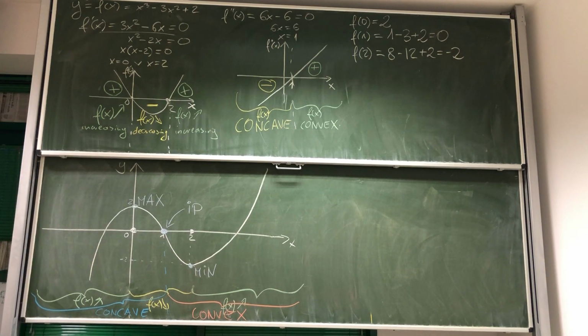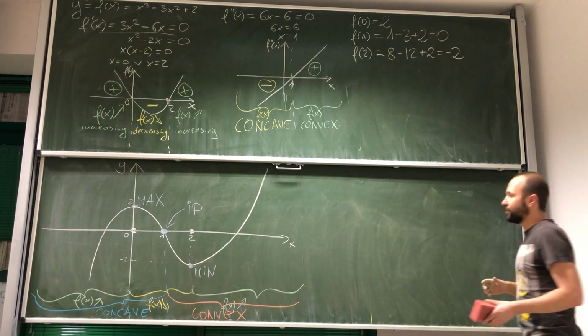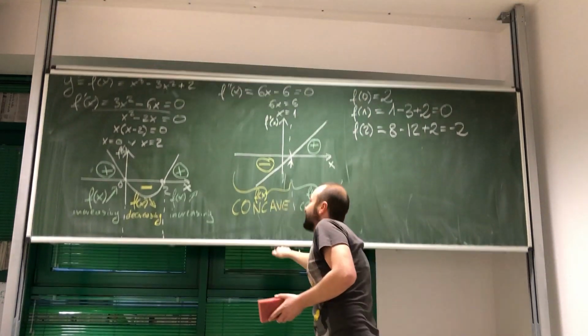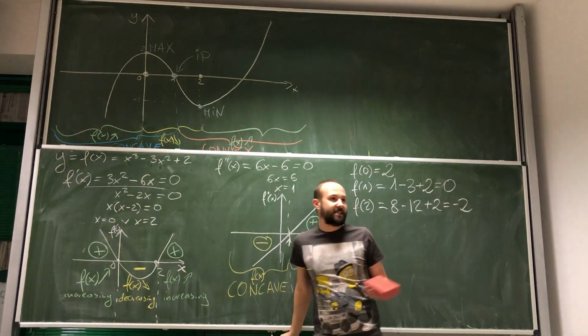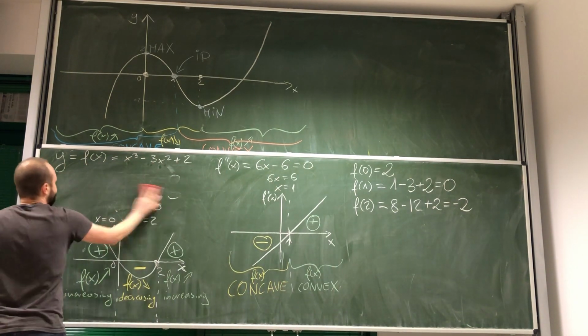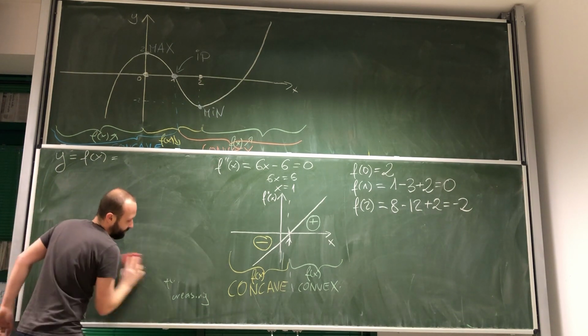Okay, and look, this is how we use the information conveyed in derivatives in order to draw a function. Okay, let's get to another example. The next one is actually going to be easier. Okay, give me just a second to erase the blackboard.